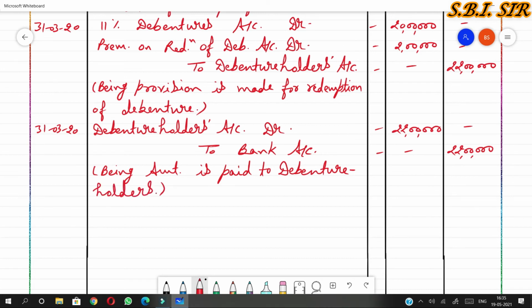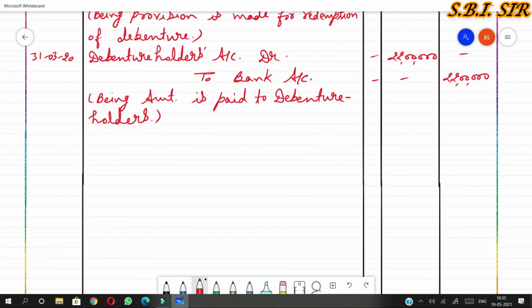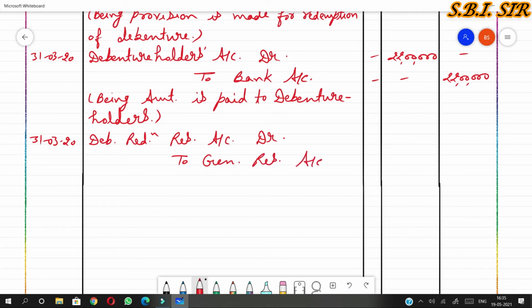Then in the next entry, debenture redemption reserve account will be transferred to general reserve account. March 2020, debenture redemption reserve account debit to general reserve account, and 5 lakh amount is transferred to general reserve account.